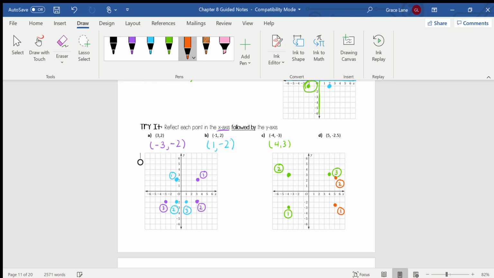And then across the y-axis, now going across, you're staying on 2.5, but you're at -5 now, and so the final point would be -5, 2.5. Okay, so those are reflections. Just make sure that you're reading the directions, going across the correct axis.